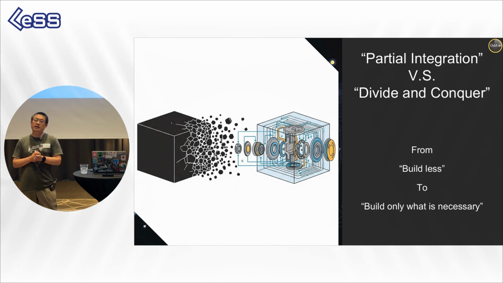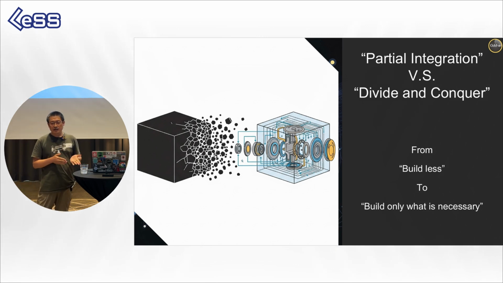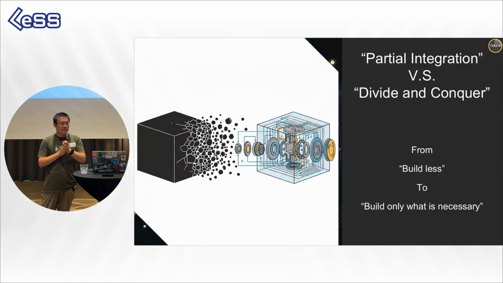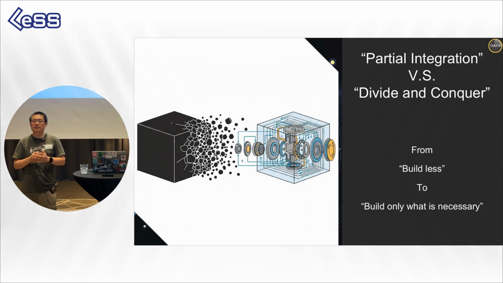In the past, we did partial integration based on developers' experience or just gut feeling. It's easy to lead to wrong estimations of the impact scope, and it's easy to miss hidden dependencies, and it pushes all the problems and issues to the later integration stage.